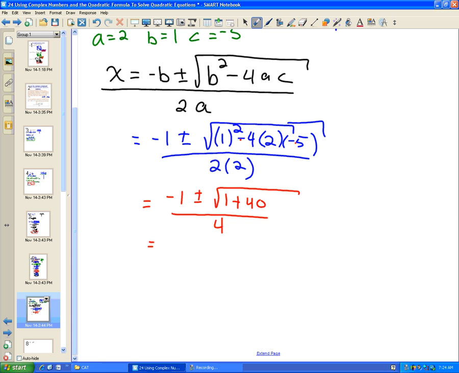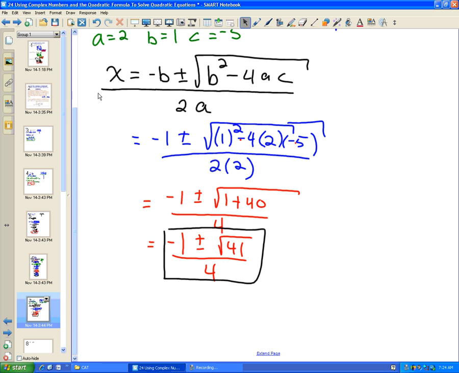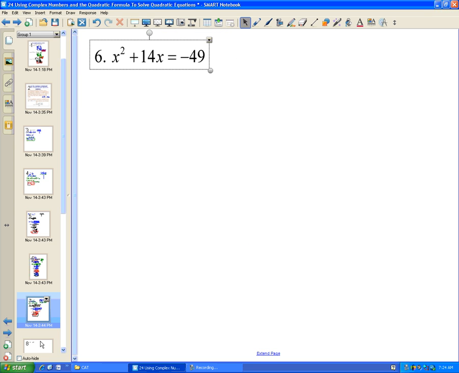So this is negative 1 plus or minus the square root of 41 over 4. Well, the square root of 41 I can't simplify. It's not factorable. So I'm going to go ahead and say that's my answer. Negative 1 plus or minus the square root of 41 over 4. Can't simplify or reduce the 4 down. That's my answer. Let's try the next one.